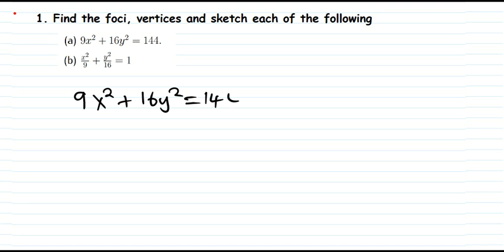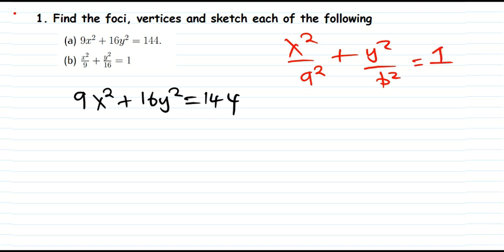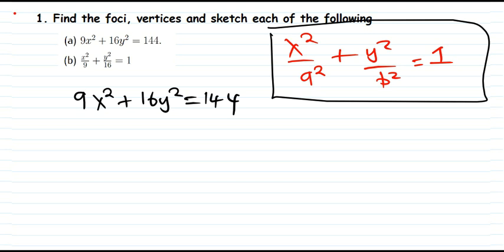Then the other thing that you need to note is, when you look at x squared over a squared plus y squared over b squared is equal to 1, it's very key and important to understand that when you are writing it in this form, whatever you start with is the one that has a greater value or a greater denominator.